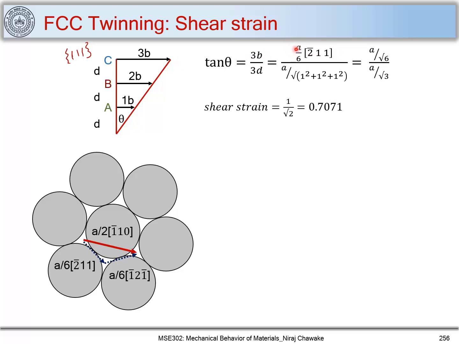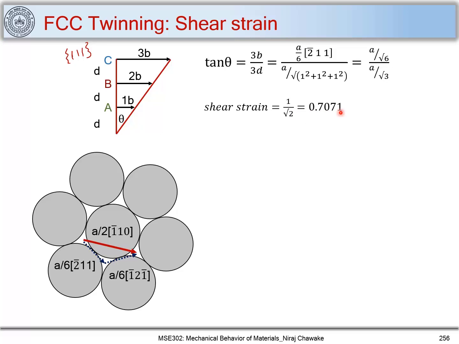So we have to find the magnitude of this Shockley partial. And d is the interplanar distance, given by a upon the square root of h square plus k square plus l square. Now hkl is 111, so d comes out to be a by root 3. The magnitude of this vector is a by root 6, and the magnitude of d is a by root 3. And the shear strain we get is 1 upon root 2, which comes out to be 0.7071.